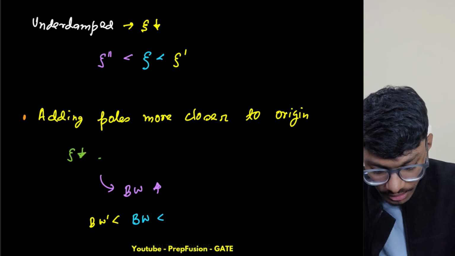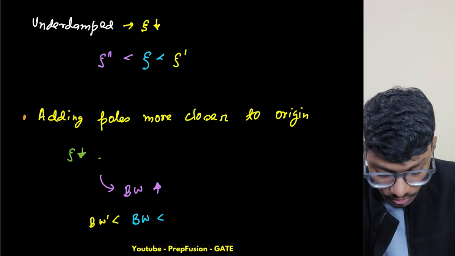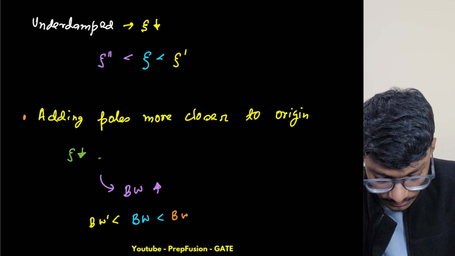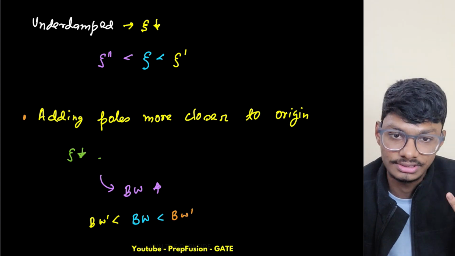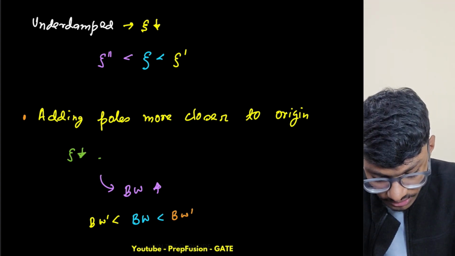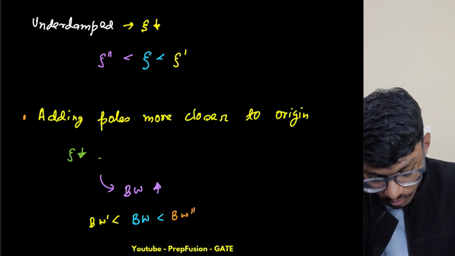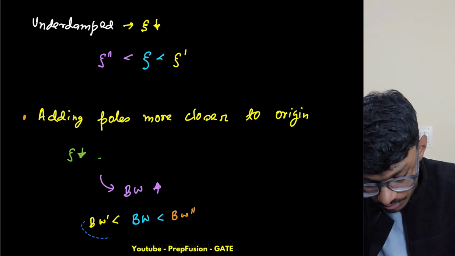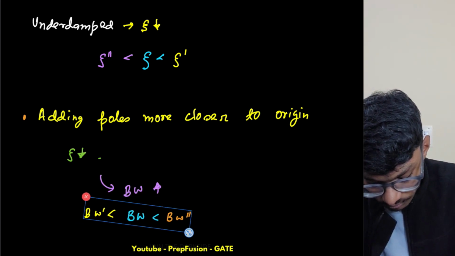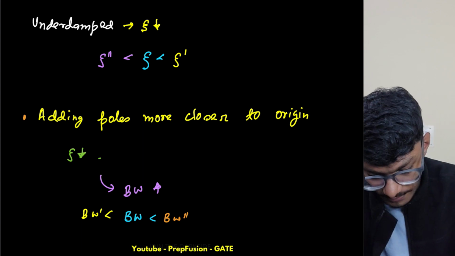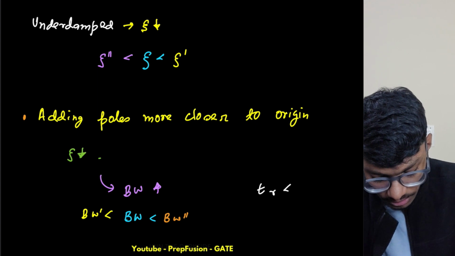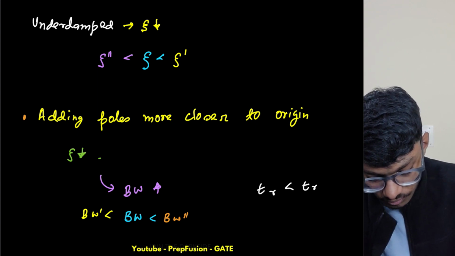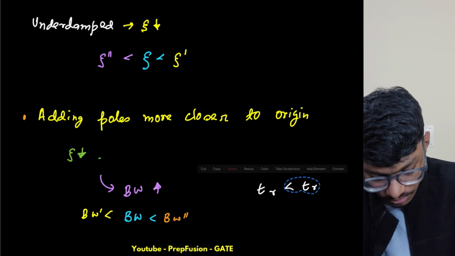And if I add a pole nearer to the origin, my bandwidth will increase. And if bandwidth increases, the rise time will reduce. So rise time, TR, will just follow the opposite rule.